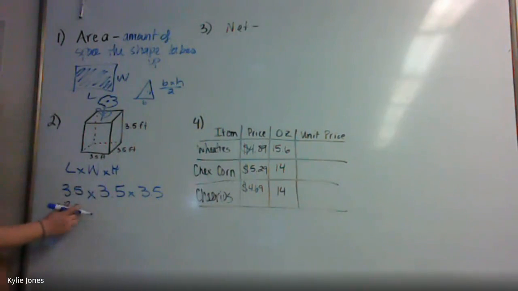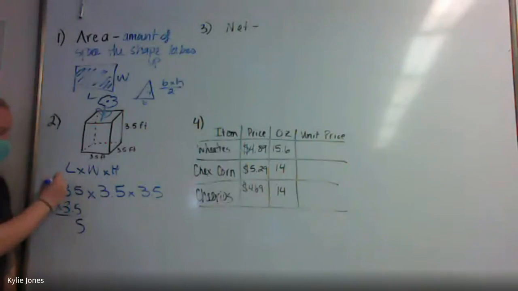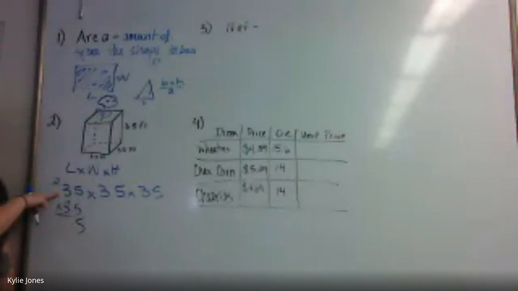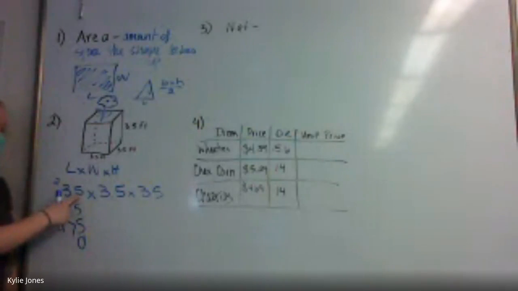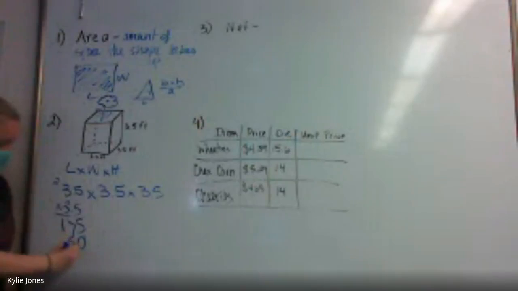Let's start here. What's 5 times 5? 25. Carry over 2. What is 3 times 5? 15 plus 2? 17. Placeholder 0 right here, and then we gotta do 3 times 5 again. 3 times 5 is 15. Carry your 1, and then 3 times 3? 9 plus 1? 10.